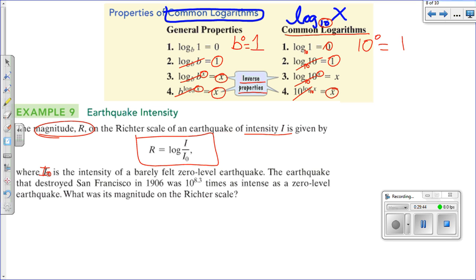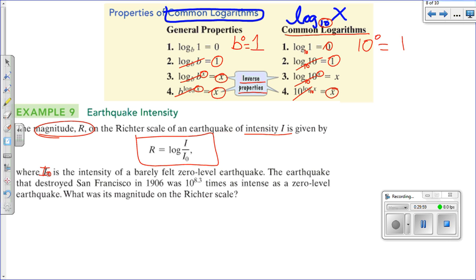The earthquake that destroyed San Francisco in 1906 was 10 to the power 8.3 times as intense as a zero level earthquake. So what was its magnitude on the Richter scale?